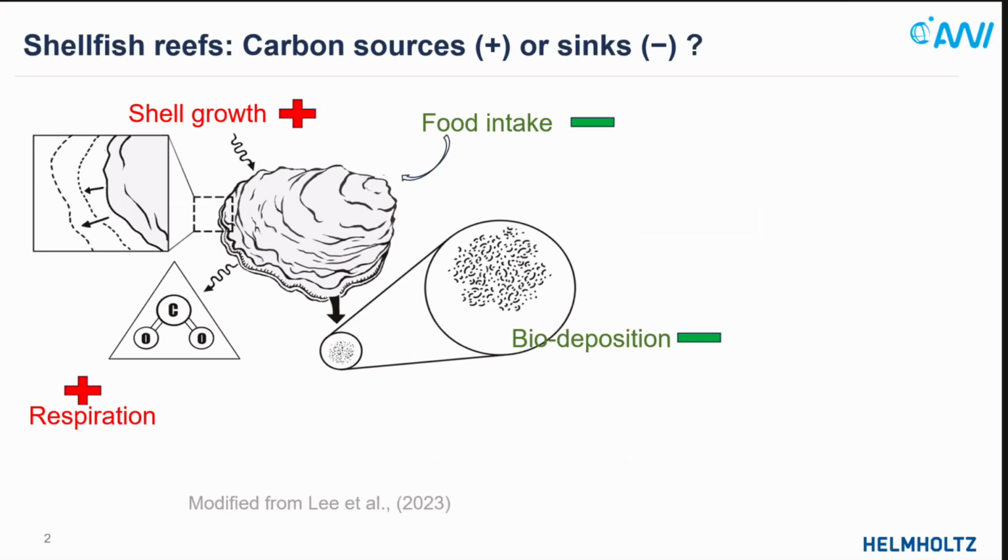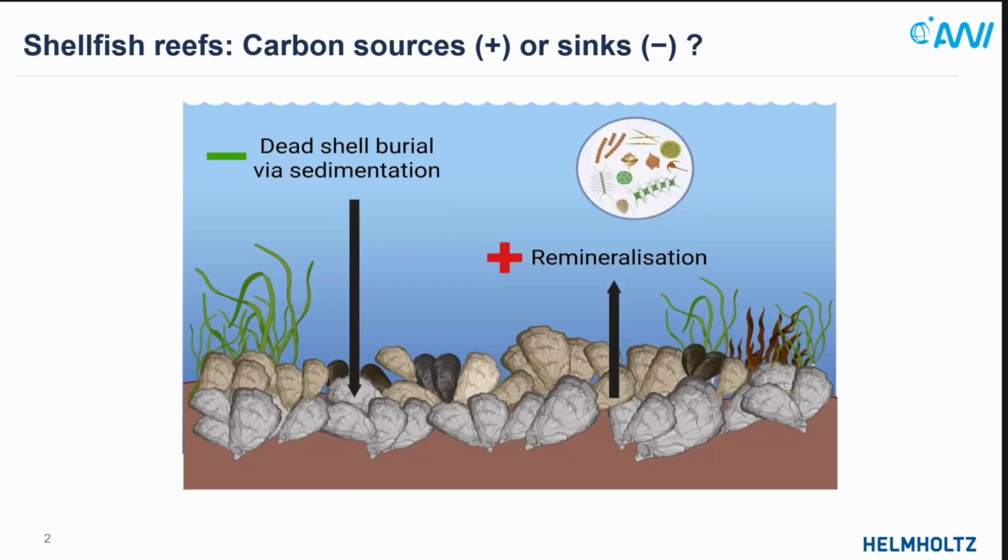So whether these reefs look like a source or a sink depends on community composition, the hydrodynamics of that particular location, the seasonality, and the balance between organic preservation versus organic carbon turnover, together with carbonate production and possible dissolution of shells.